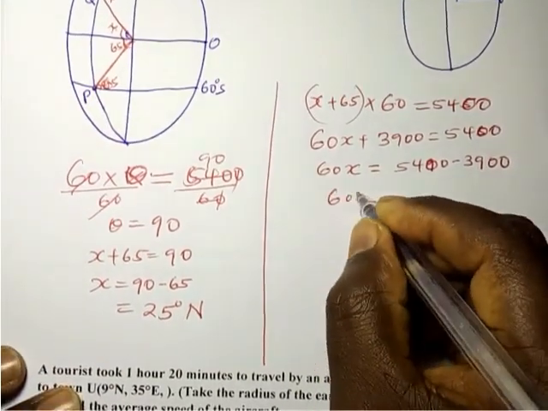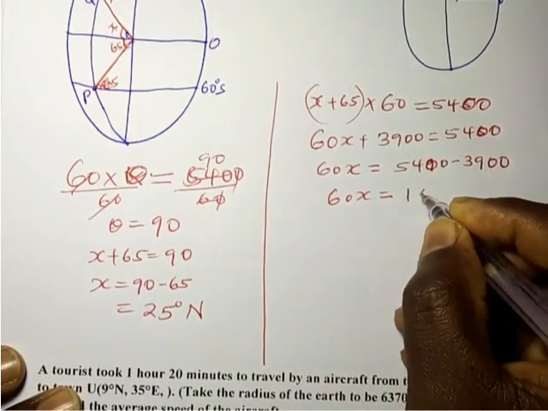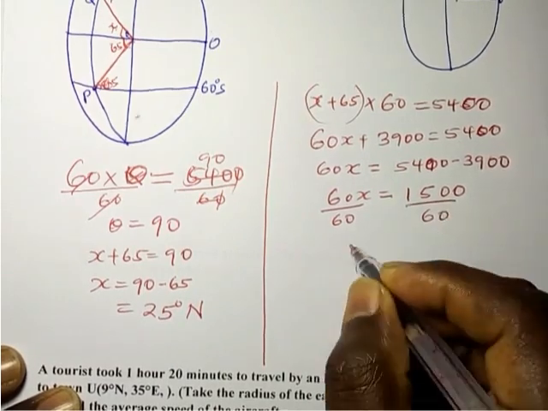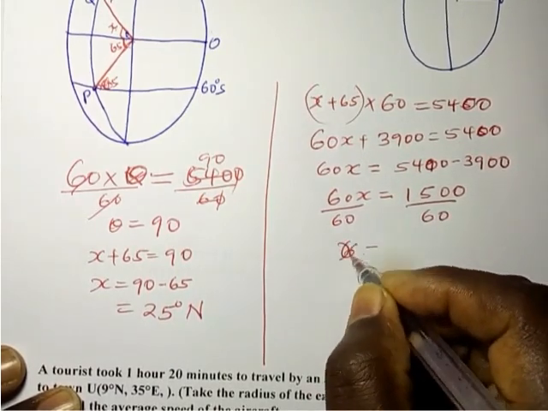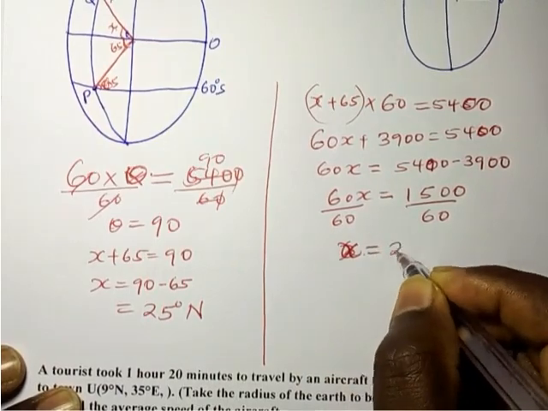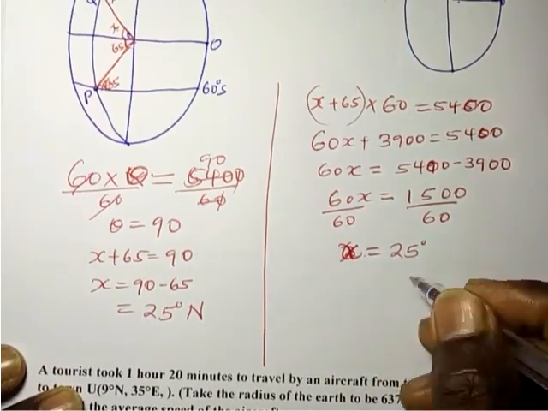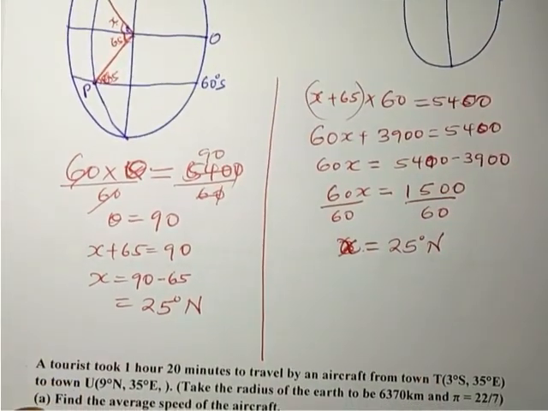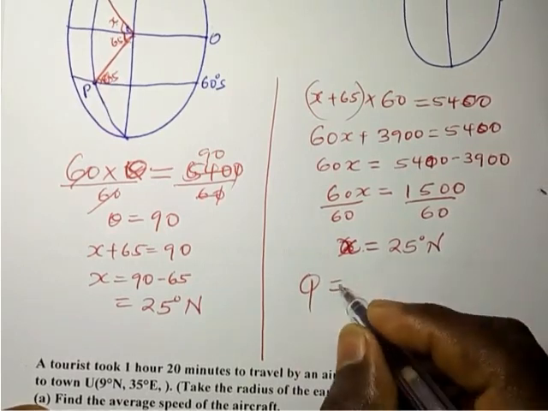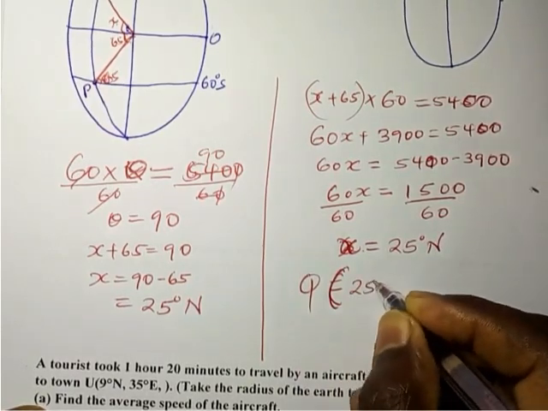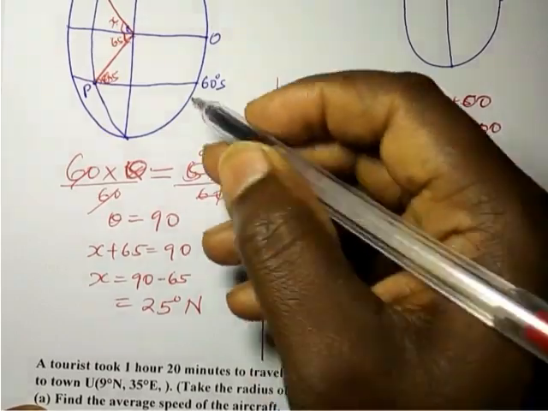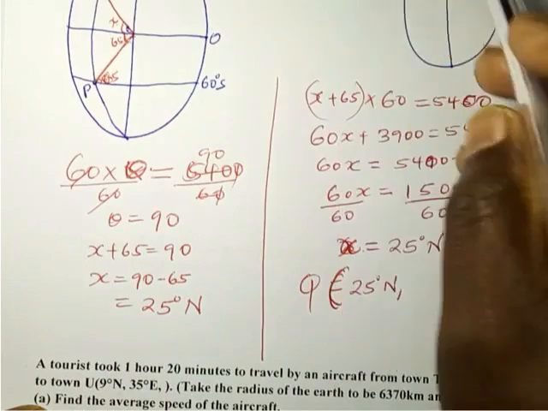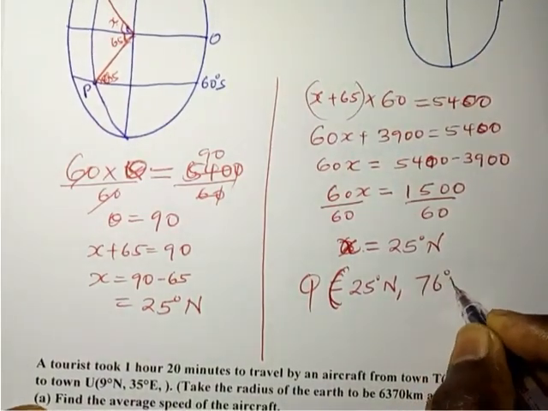So 60x will be 1500, divided by 60 on both sides. So x is equal to 25 degrees. Because it went to the north, it's going to be 25 north. Therefore, Q is 25 degrees north, and they are on the same longitude, which is 76 degrees west.